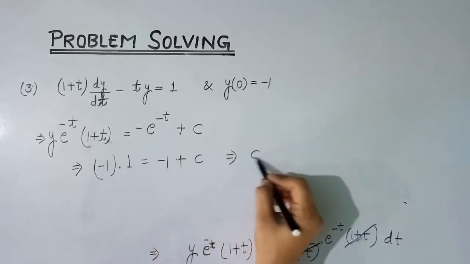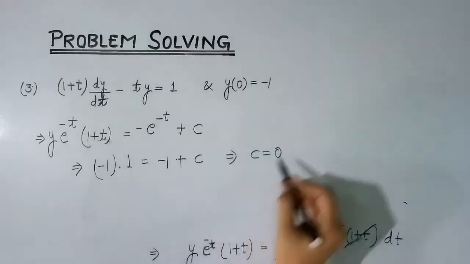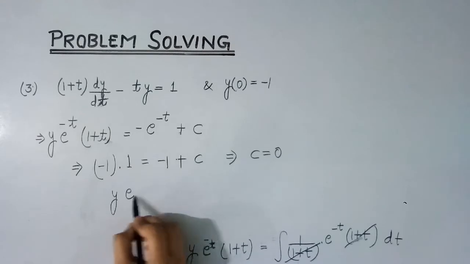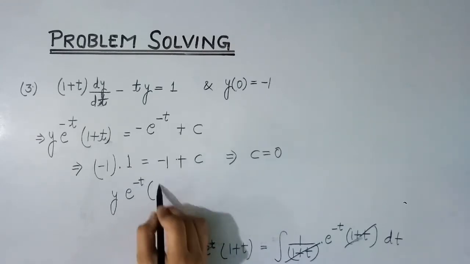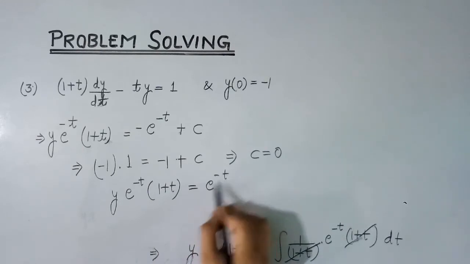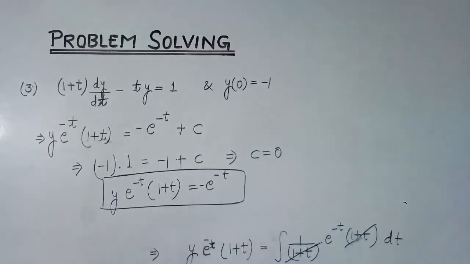So from here c comes out to be 0. Fine. You can put the value here and we will get the equation. So this is the equation.